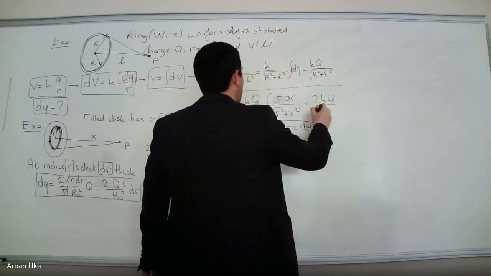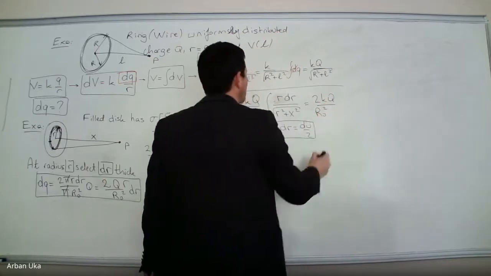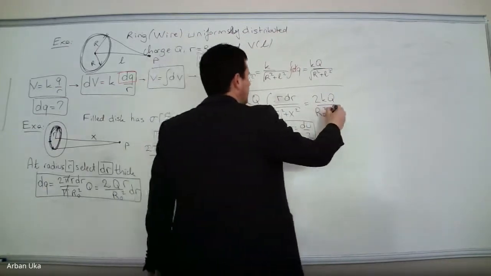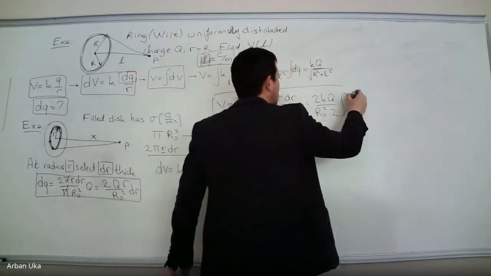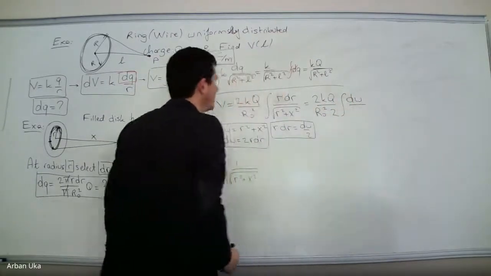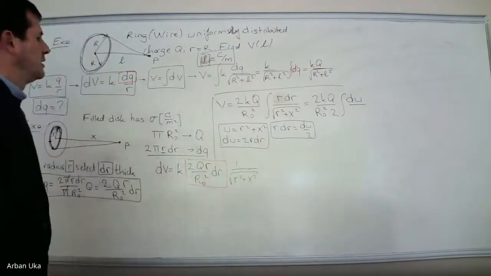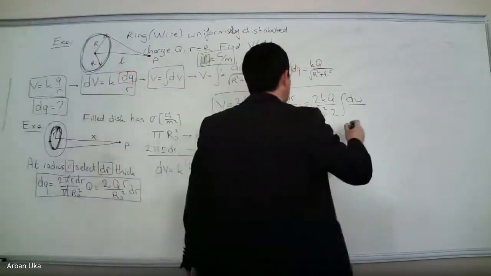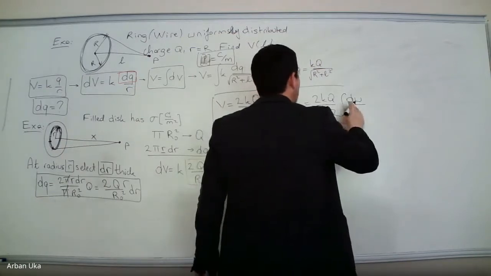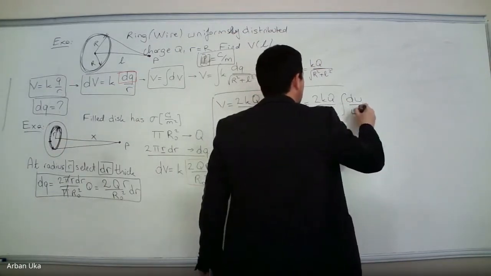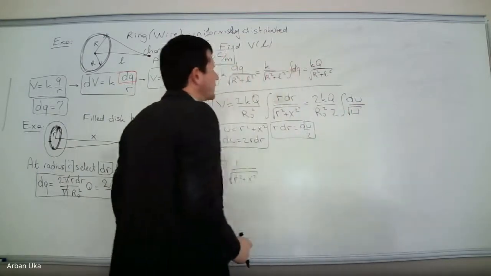And finally, this can be written again as 2kq over r0 squared. This 2, we take this out because r dr is now du over 2, divided by square root of u.